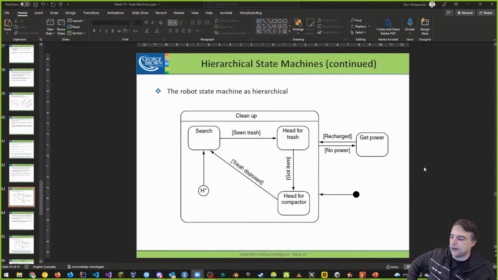And when my power is done, then I can leave the station, collect my trash. There's going to be a lot of little mini states in here, or substates inside of the get power state that allows me to go back. So check to see if I have to put the trash down before I power. Maybe I can't hold the trash, as an example. Or maybe I have to flush the trash first somewhere in a temporary container and then move back to cleaning up again, right? Lots of different things that I can do.